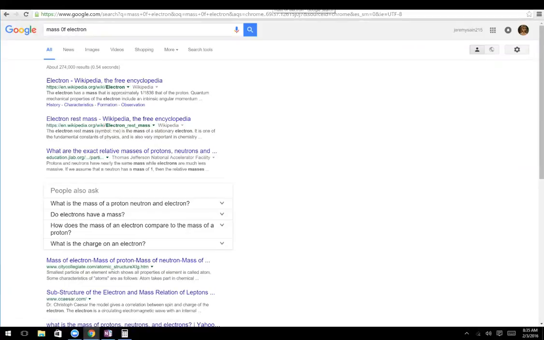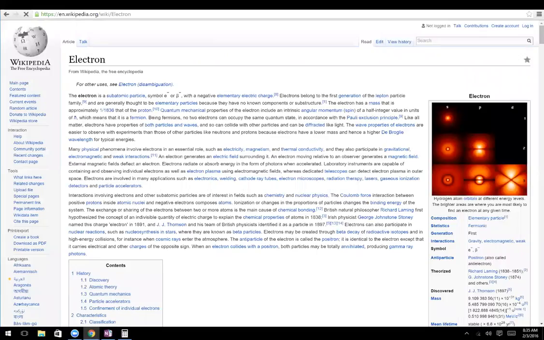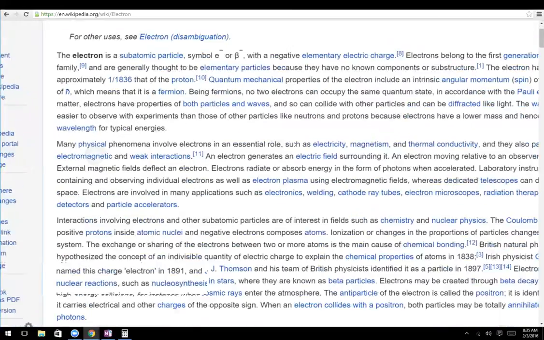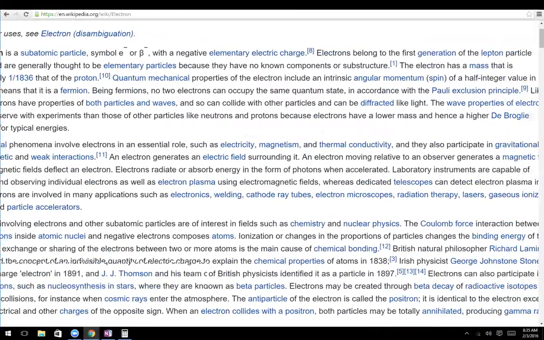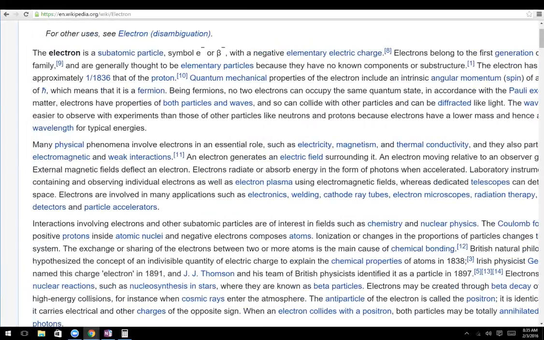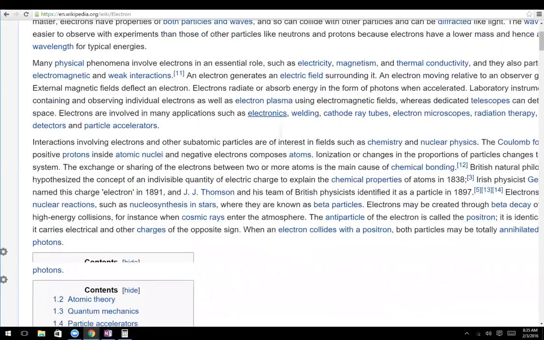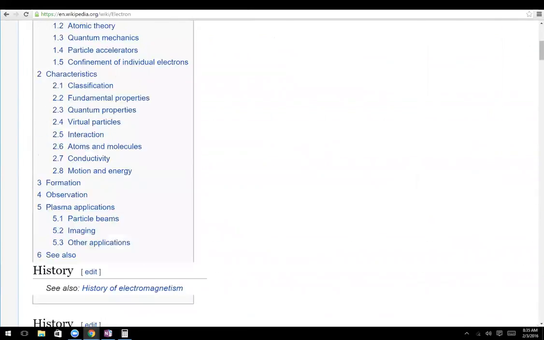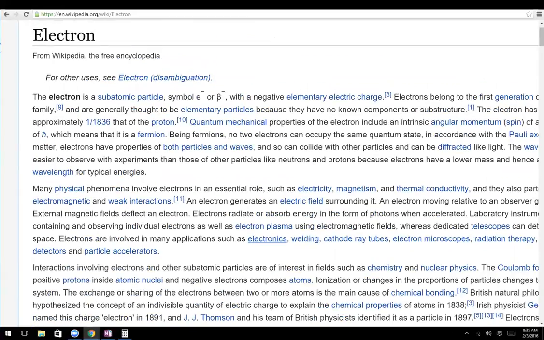Electron, the mass is, okay, that's great. That's 1/836 of the proton. I was looking for a number though.